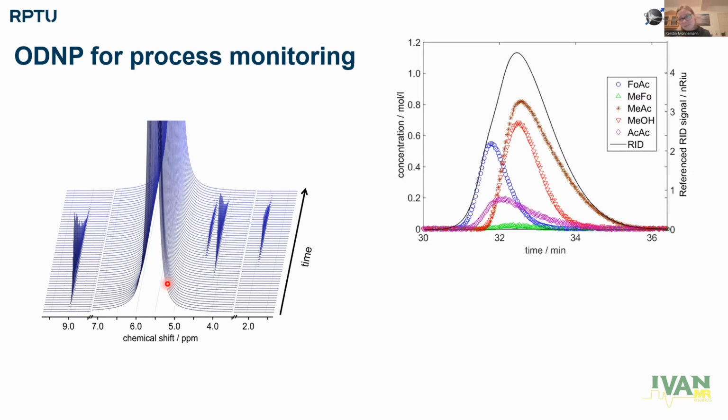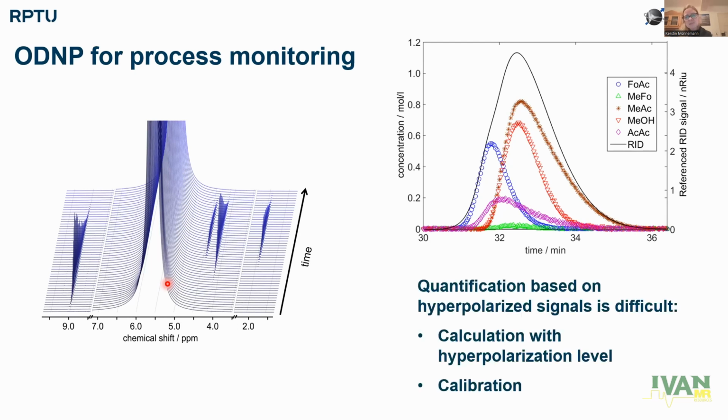But if you want to have that nice concentration over time profiles that we normally have in reaction monitoring, we can't use something like direct integration here, because the signal intensity does not only depend on the concentration of your sample, but on the hyperpolarization level.